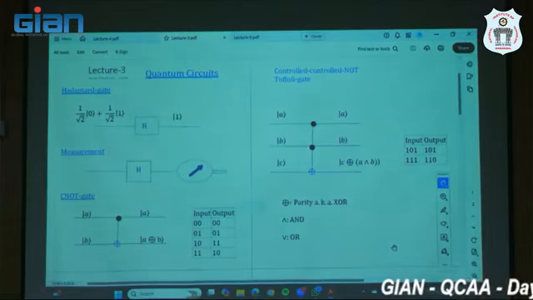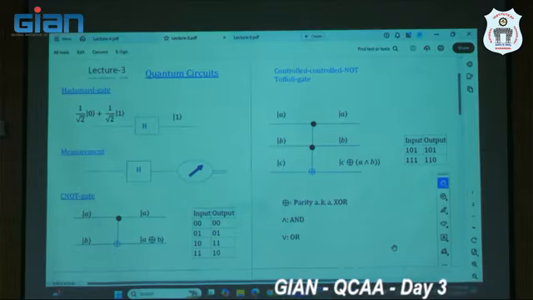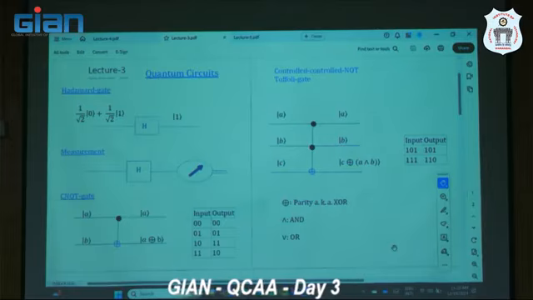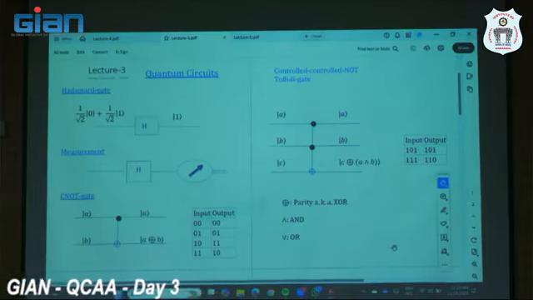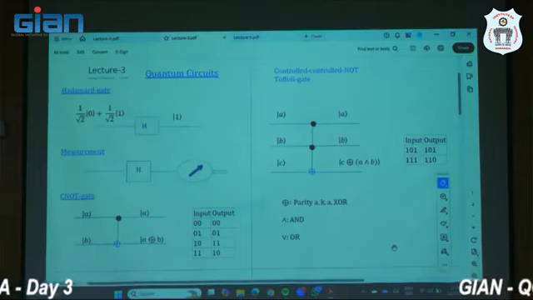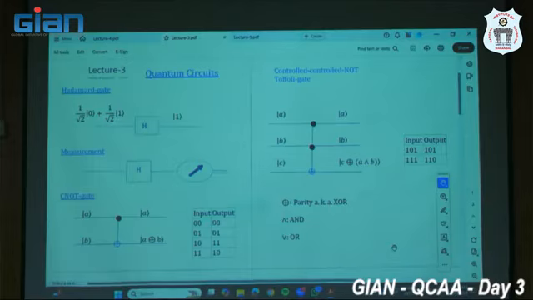But the point is, once we extend by linearity and specify the action of a gate on computational basis states, it specifies the action on all states. We will see that in a bit. But we will always specify the action only on computational basis states. Okay?